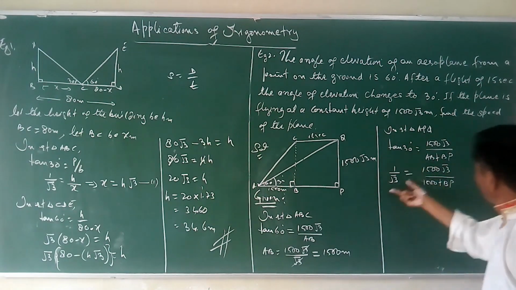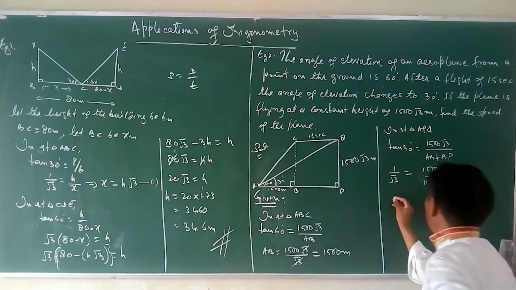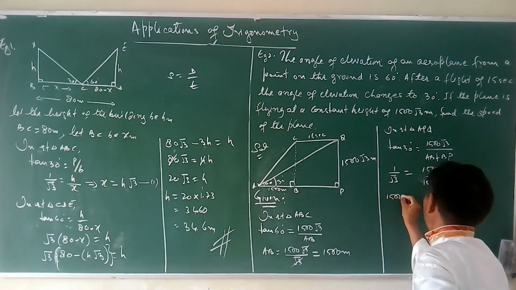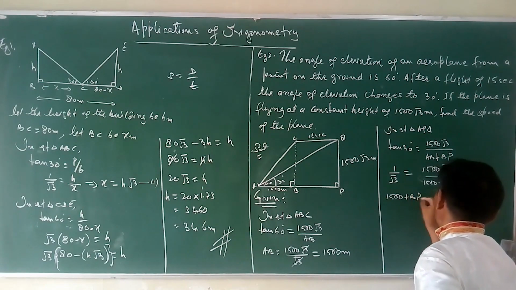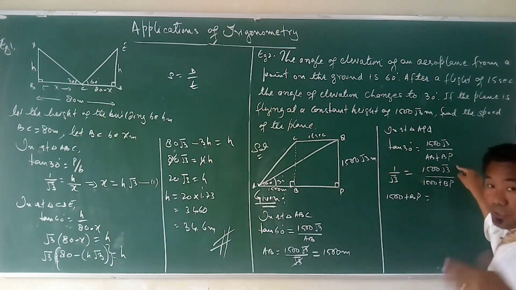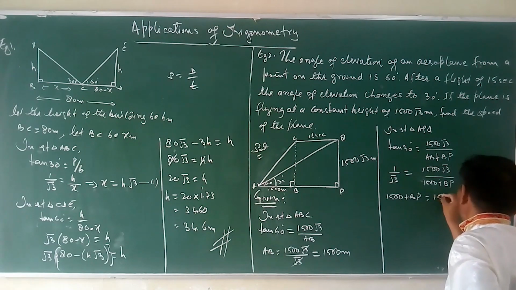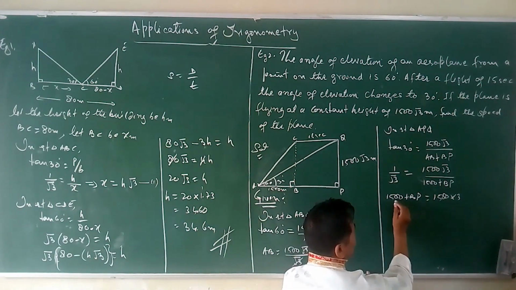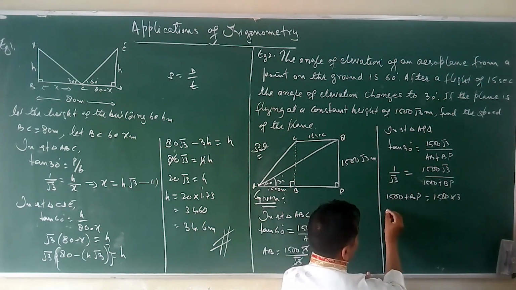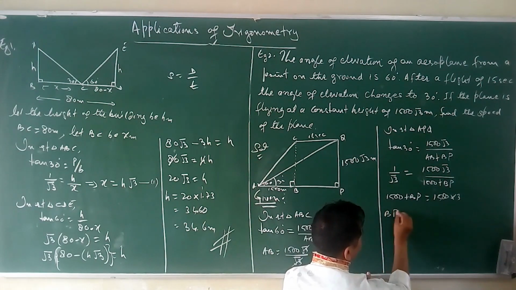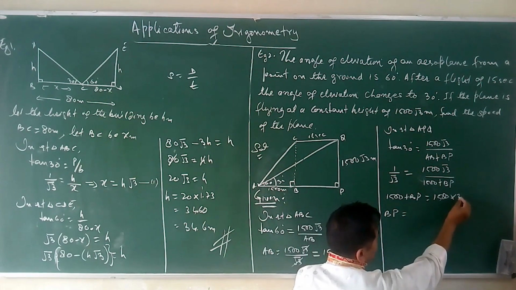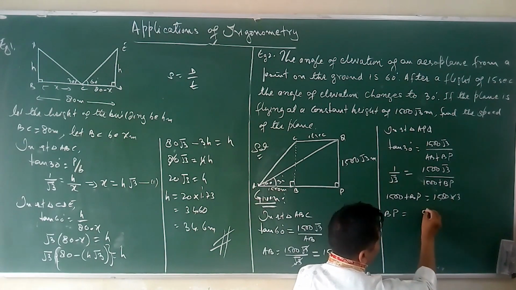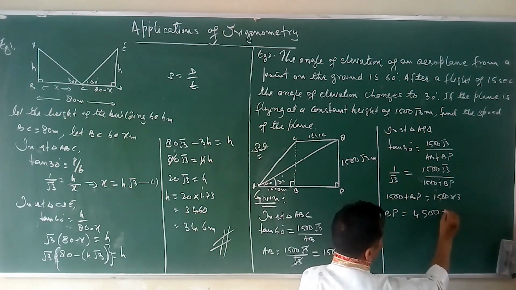Cross multiplying, 1,500 plus BP is equal to root 3 into root 3 times 1,500, which is 3 times 1,500, that is 4,500.